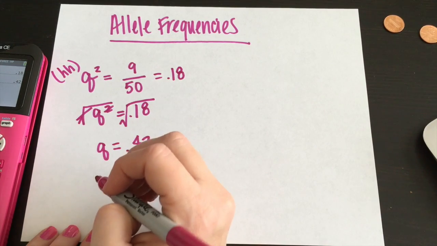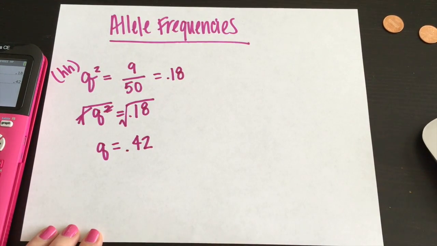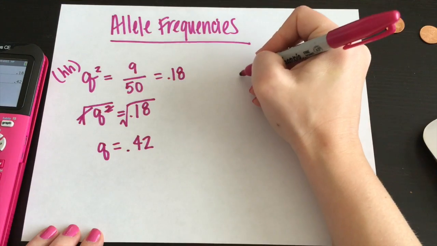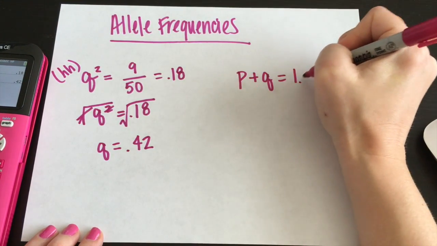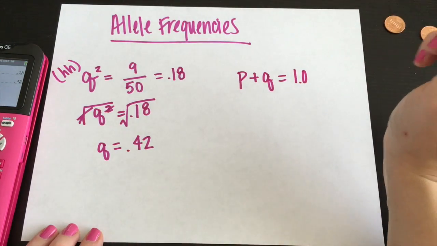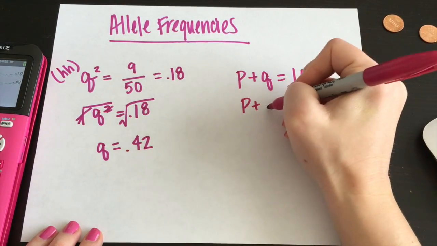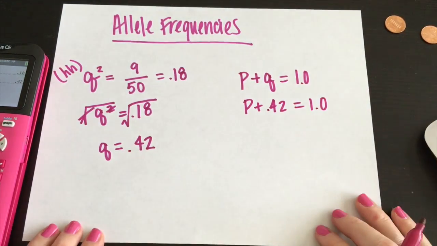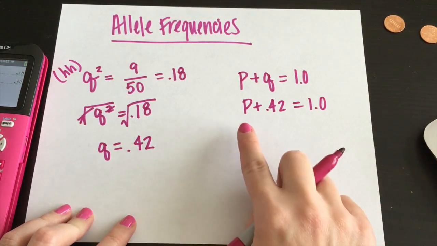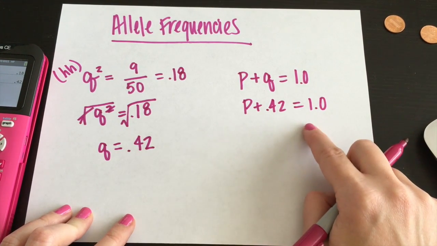p, how do I find p? So we have that other equation. p plus q is equal to 1. We know now that q is 0.42. We can find p, right? Set this up just like x.